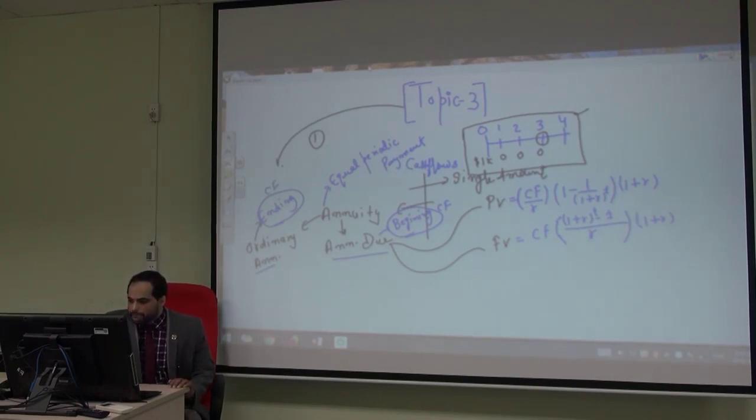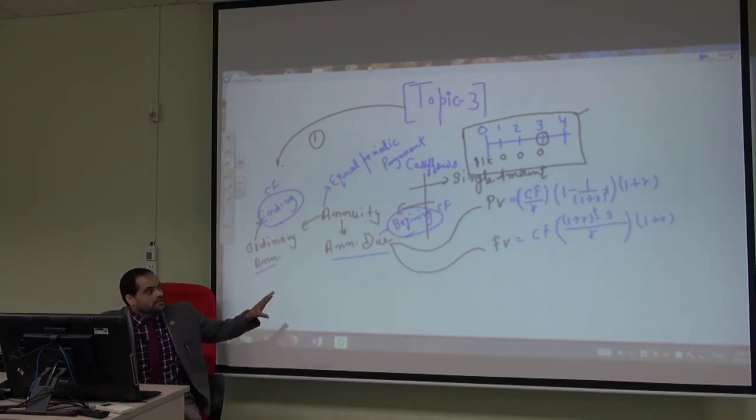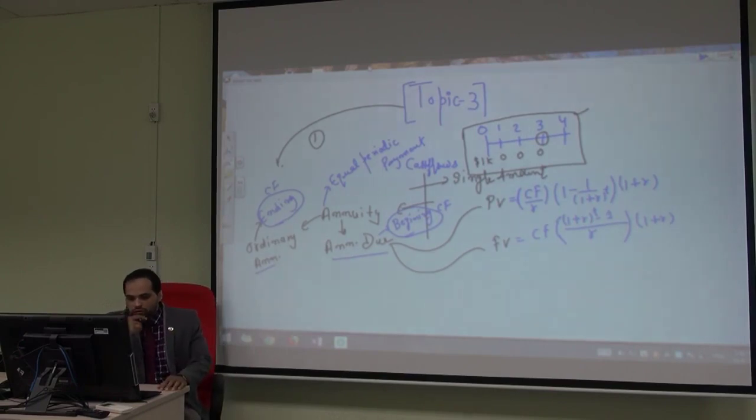Right? Okay. So same formula is for ordinary annuity as well, but the only difference is in ordinary annuity we are going to earn less money. If we are making investment using ordinary annuity, means if we are making investment at the end of the period, in that case our value of investment, future value of investment will be lower than the annuity due future value. Alright, so therefore the formula is almost the same except for 1 plus R. Right? So I write for you.